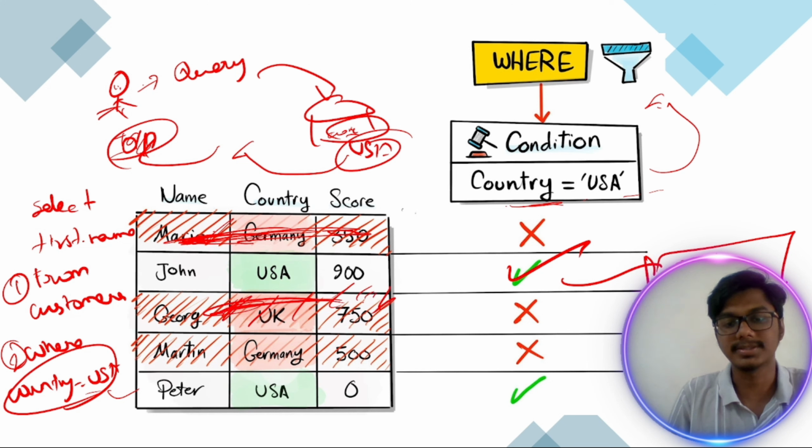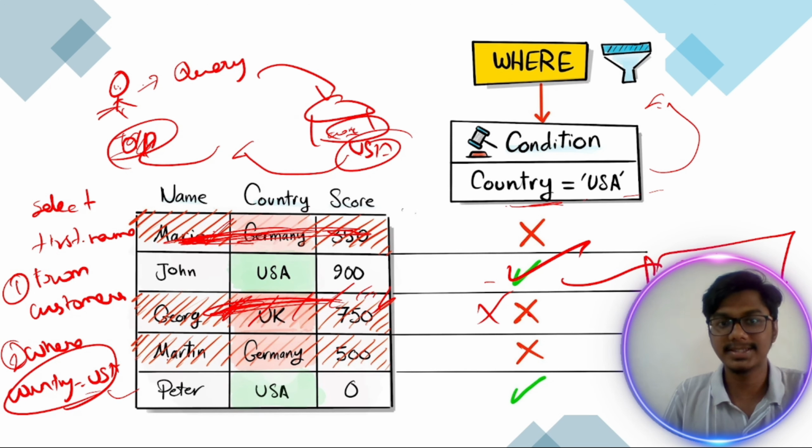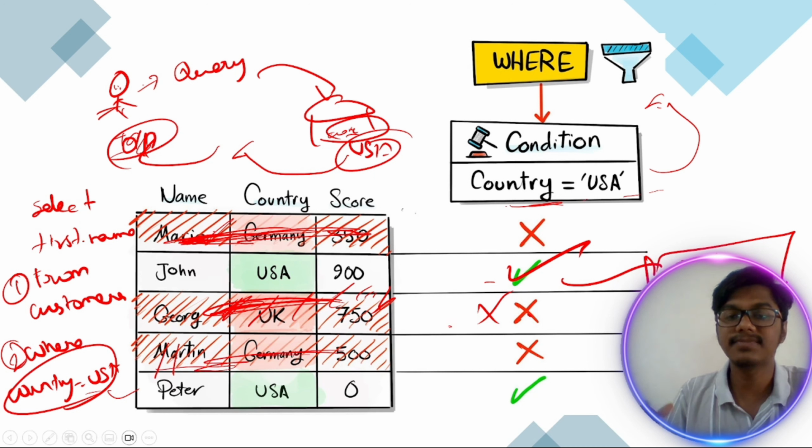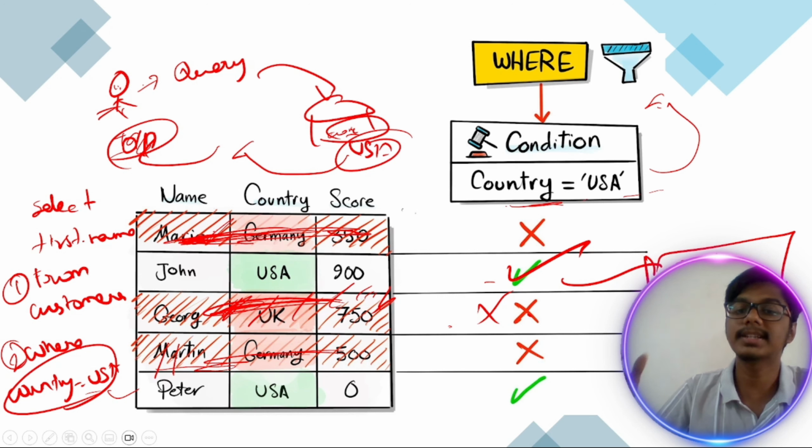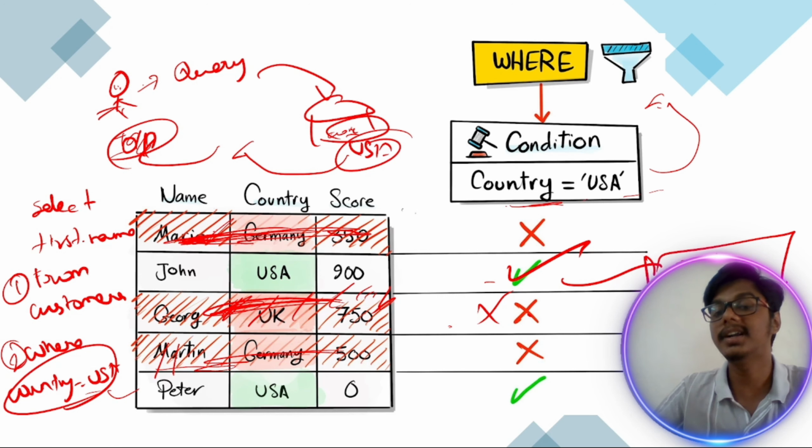Let me strike it out. Again, the query doesn't stop. It gets to Martin. Does Martin belong to USA? No, Martin belongs to UK, Germany. So we cross out the result. We are filtering the data based on the condition, where country equal to USA.